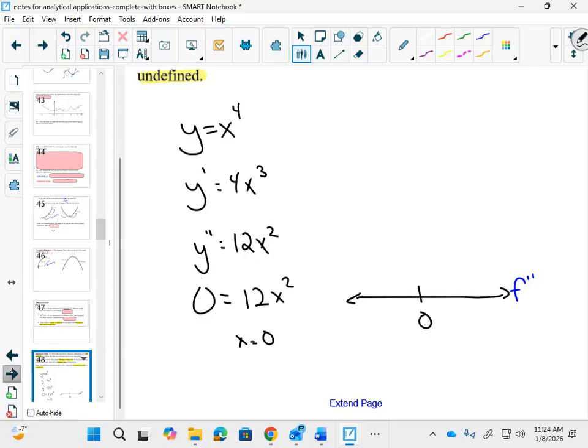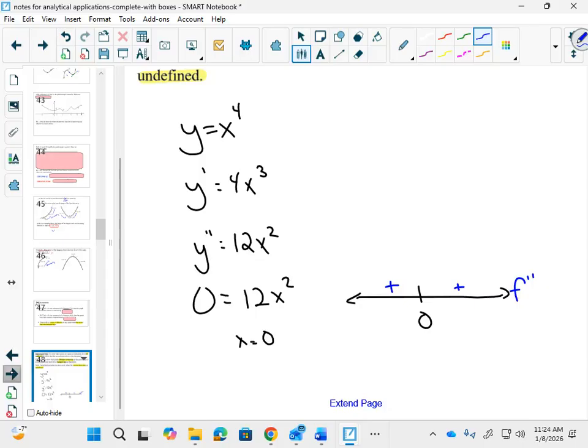And because I labeled it as second derivative, where am I plugging my numbers into? My second derivative. Something less than 0, negative 2. If I plug in negative 2 into here, do you see that this is going to be positive? If I plug in something bigger than 0, like 1, it's also positive.